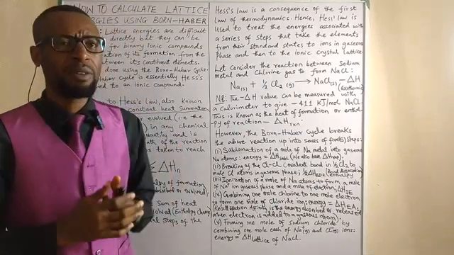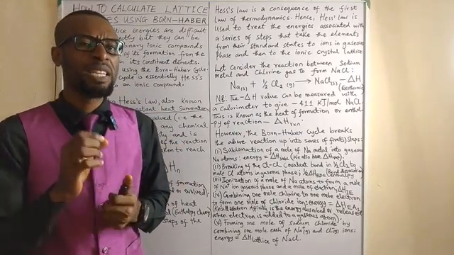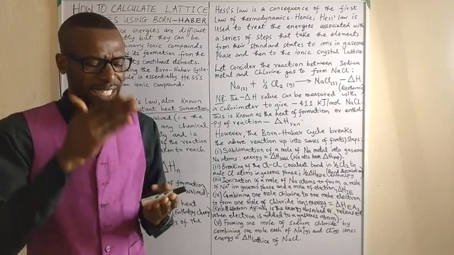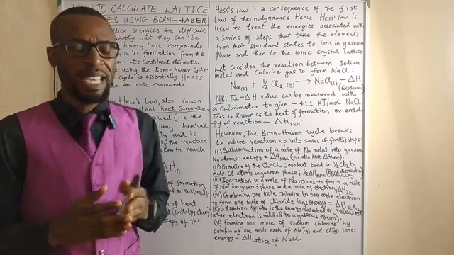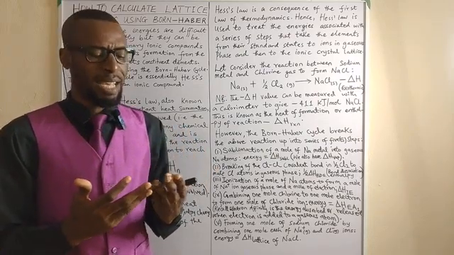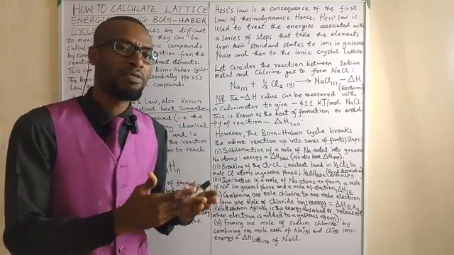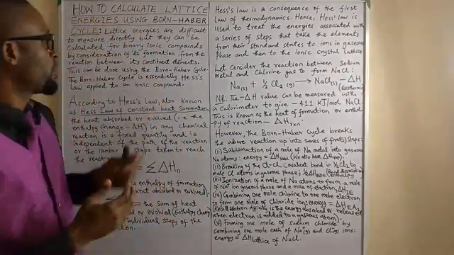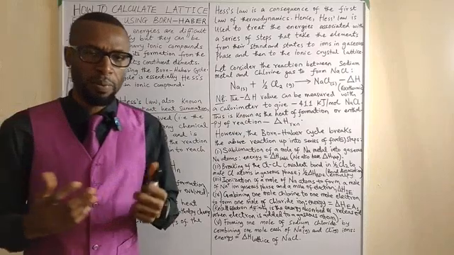The Born-Haber cycle helps us to trace the different amounts of energies that are involved in the different reaction steps as those combining elements are taken from the elemental form to the gaseous form and ultimately to the formation of their ionic compounds.